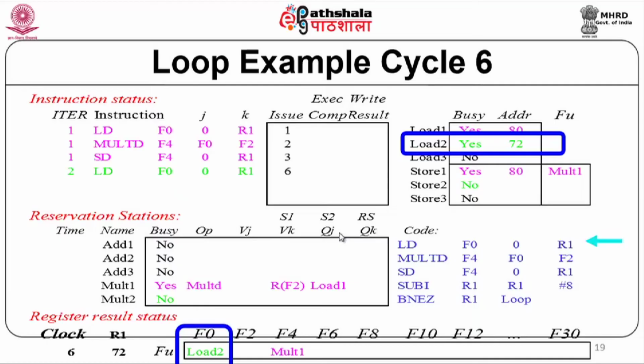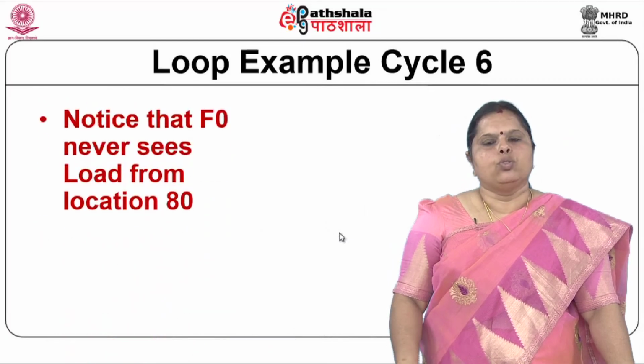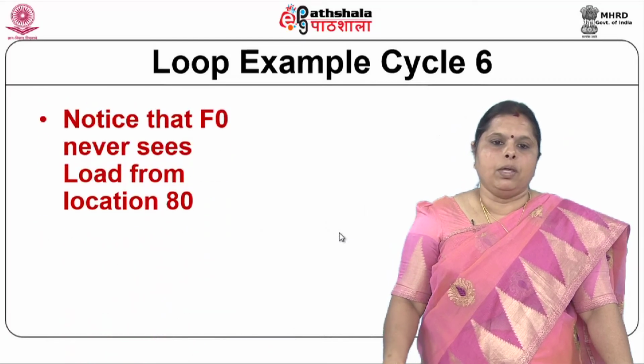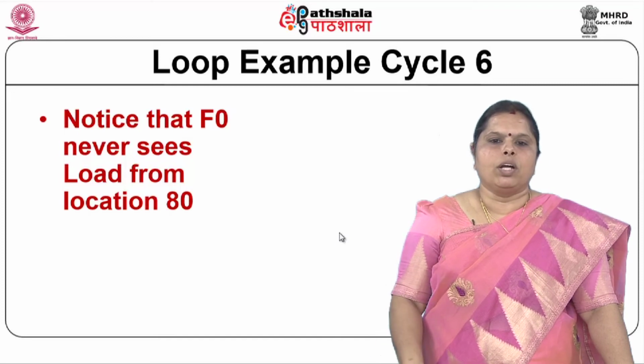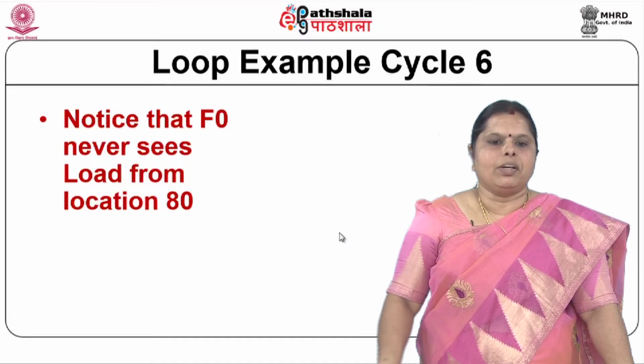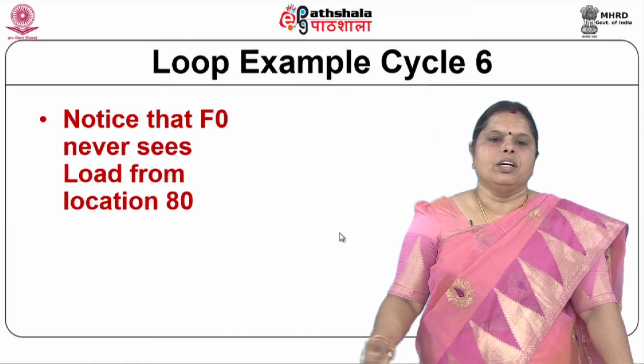Although both instructions have the same output register, once the later of the 2 instructions is issued, we indicate that F0 is to be written by load 2. That is an important observation to make. F0 never sees the data loaded by the load 1 instruction of the first iteration, from location 80. Now F0 is to get the data from memory location 72.